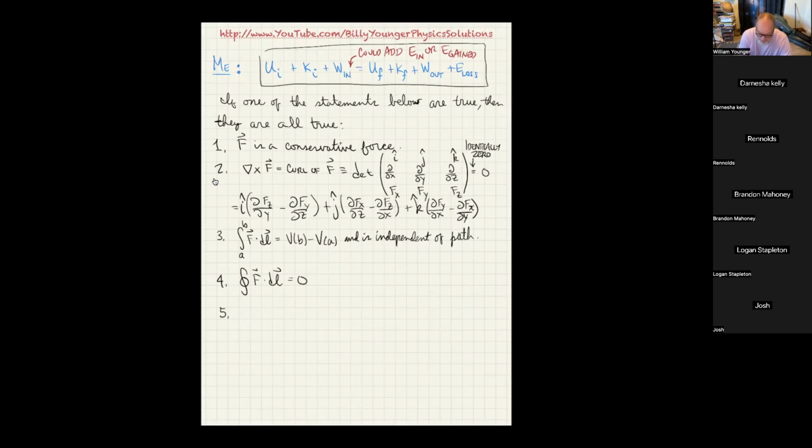I'm going to show you some fancy mathematical symbols here. The upside down, backwards E means there exists.